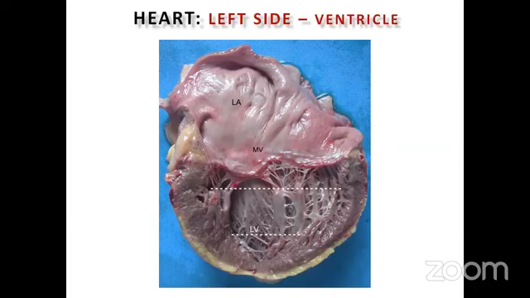Now, this classification is very useful for delineating the extent of a myocardial infarct.